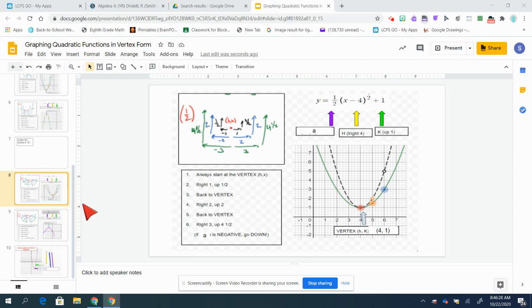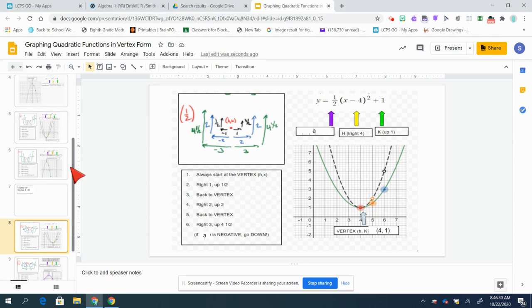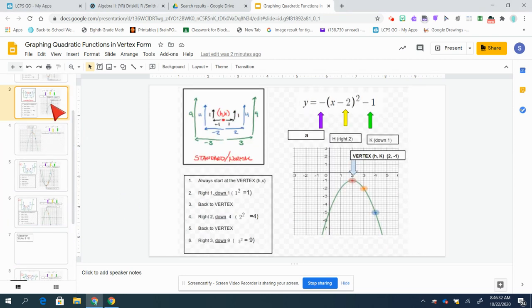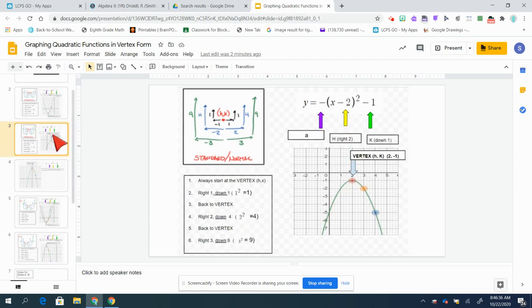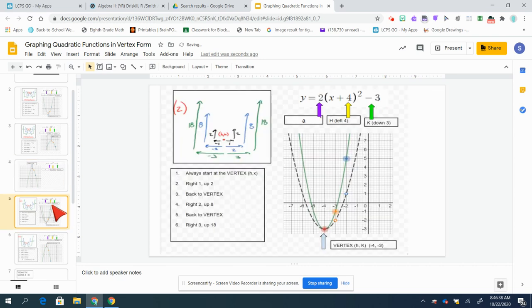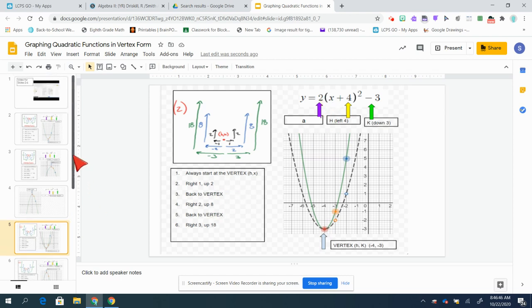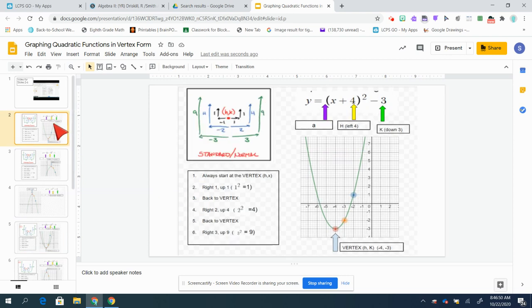Okay, when our a value was, let's find the one where it's a 2. When our a value was a 2, we multiplied our y by 2. Now we're going to multiply by 1/2 or divide by 2.